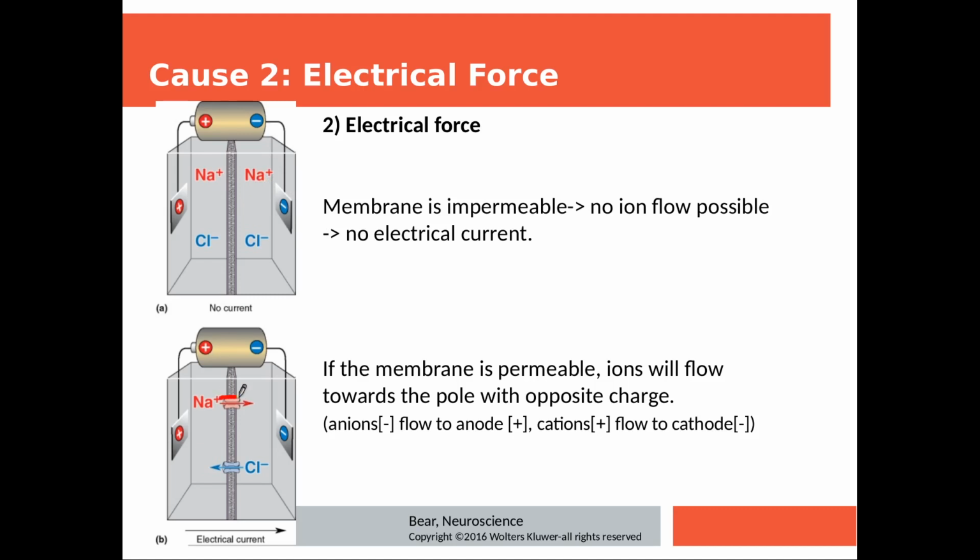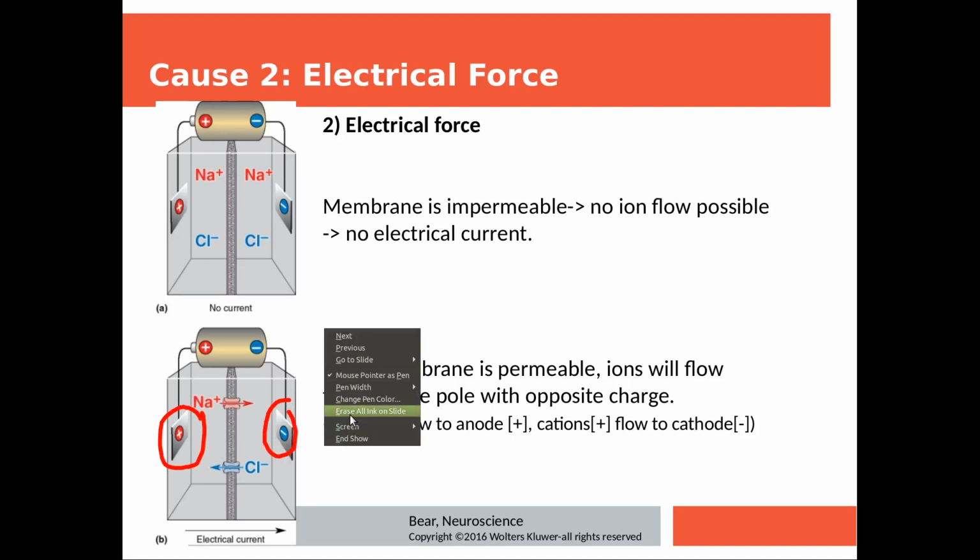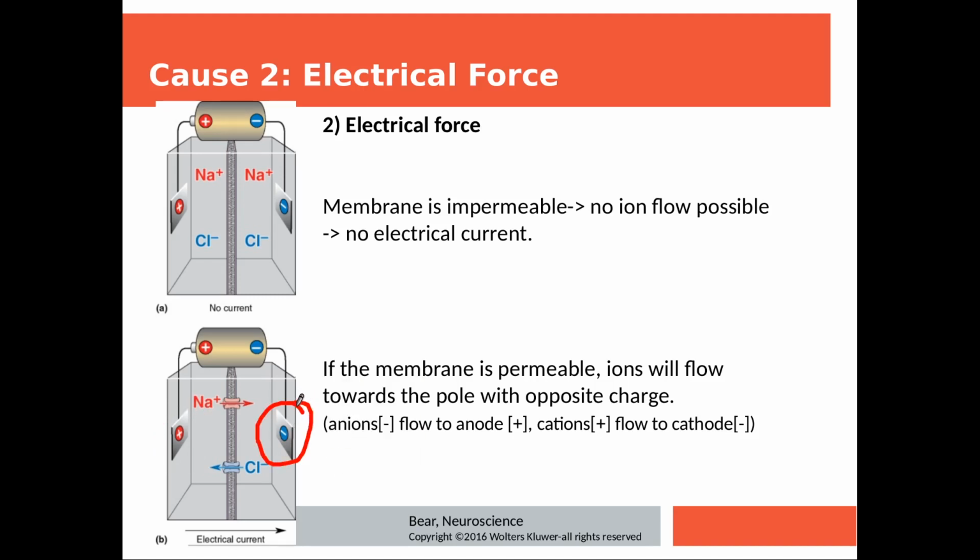But if we give them the ability to move by giving them channels, then the electrical field caused by our potential difference will cause ions to move. Specifically, if we have the negative side over here, a negative charge over here, then negative charges will be repelled by negative charges.